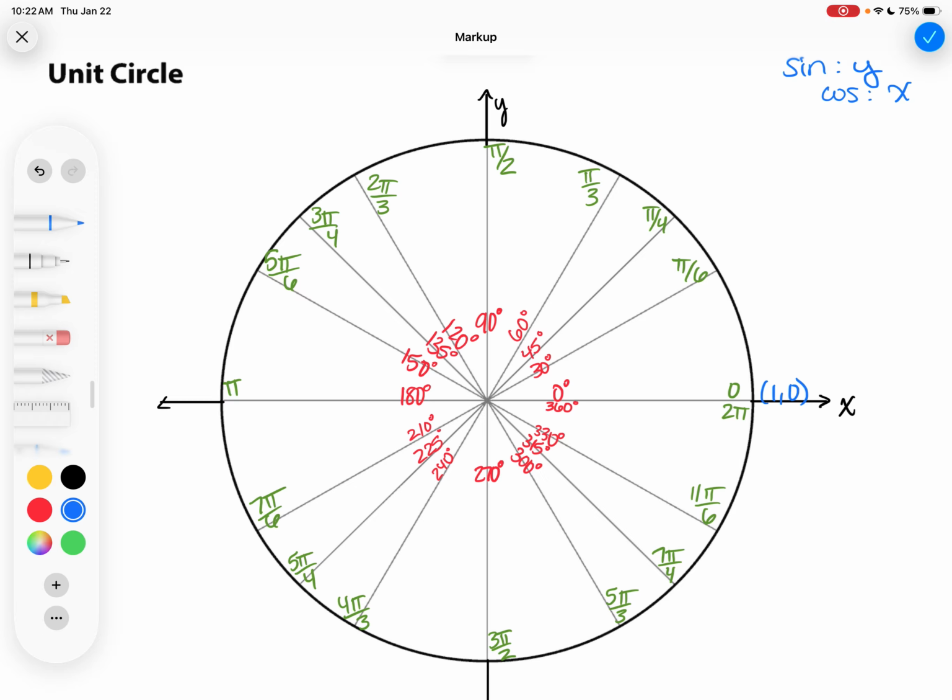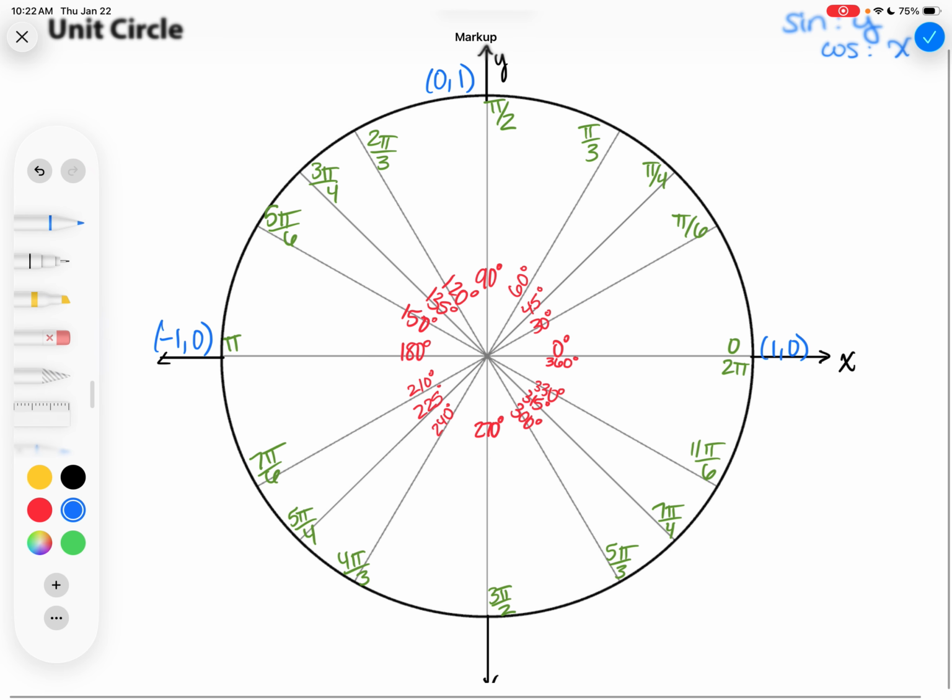Up here at pi over 2, it's 0, 1. Around at pi, it's negative 1, 0. And then 0, negative 1 down here.